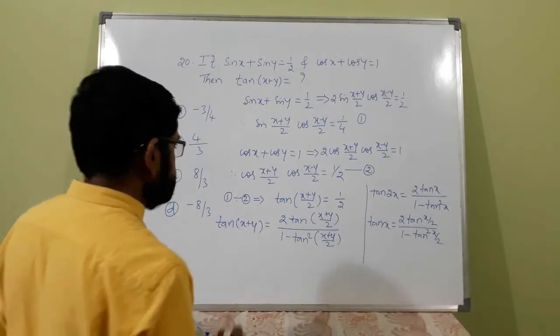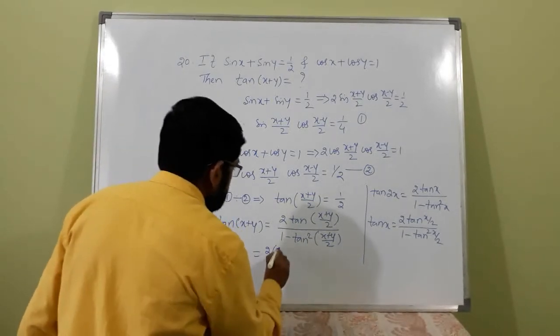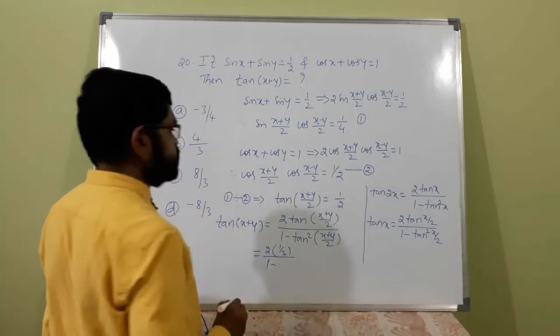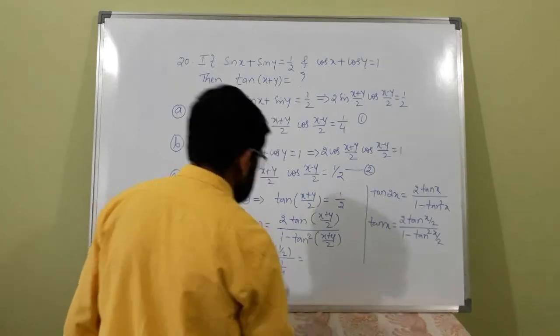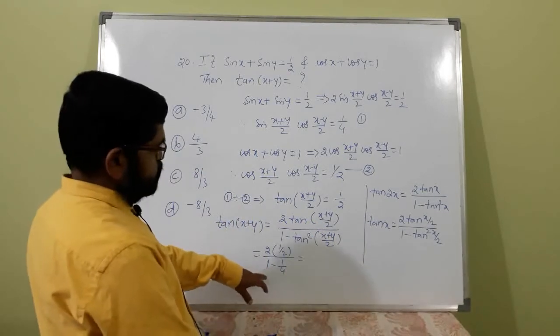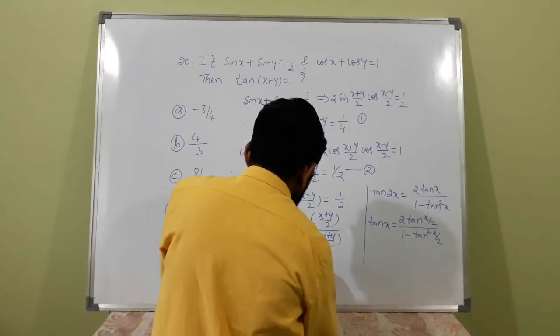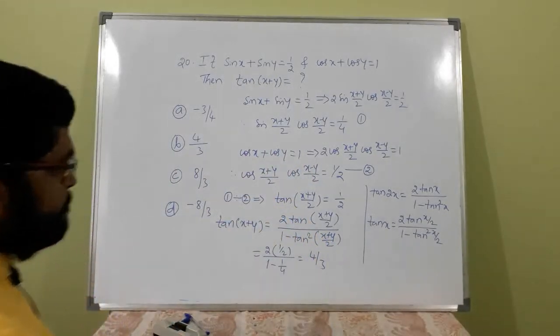You substitute that value. 2 into half divided by 1 minus half square, 1 by 4 it is. That is 1 by 3 by 4, that is 4 by 3. Answer is B.